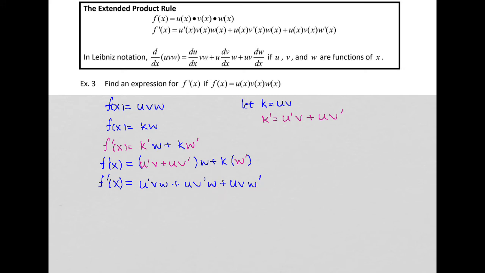So likewise, if I have another function, g(x) is u v w k, then my differentiation will be u prime v w k, plus u v prime w k, plus u v w prime k, plus u v w k prime. This is called the extended product rule.